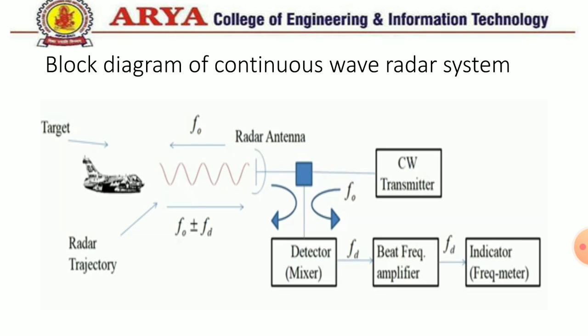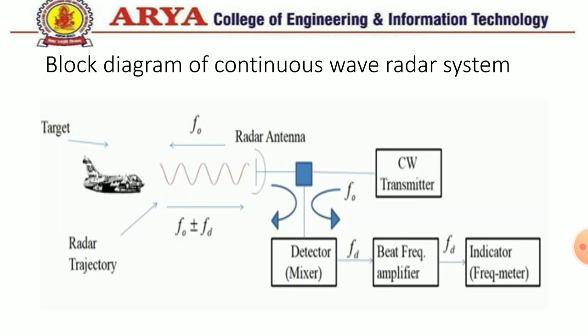We forward an f node signal towards the target, and we receive f node plus minus fd frequency from the target, which we forward to the mixer. The mixer has two inputs, one is f node plus minus fd and one is f node, and after mixing in the mixer we will have fd frequency at the output of the mixer. Then there is an intermediate frequency amplifier, which amplifies that weak signal, and it is given to the indicator.